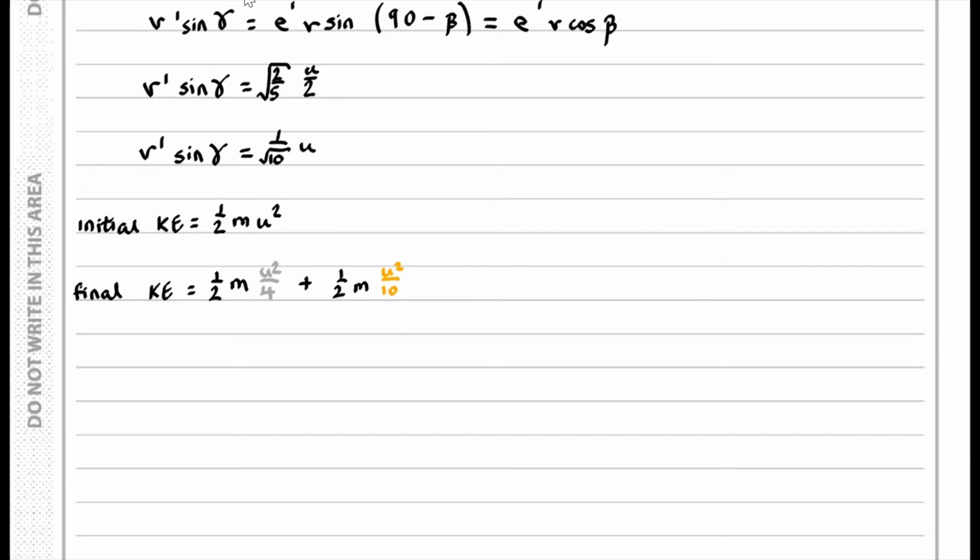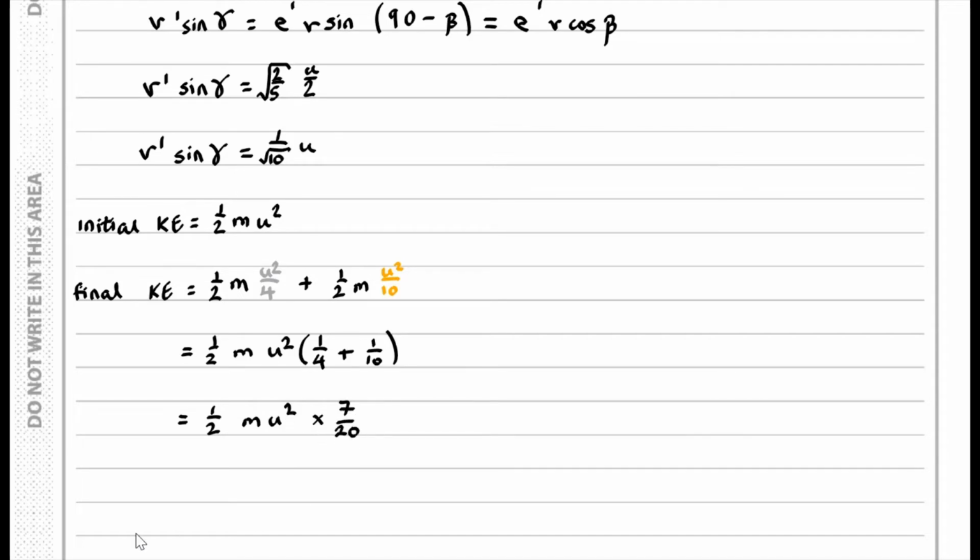And therefore, tidying this up a bit, we have 1/2 m U squared, lots of 1/4 plus 1/10. So we have 1/2 m U squared times by 7/20.